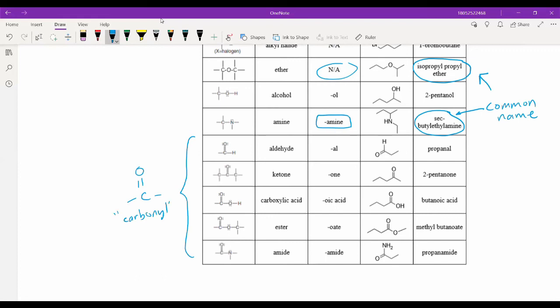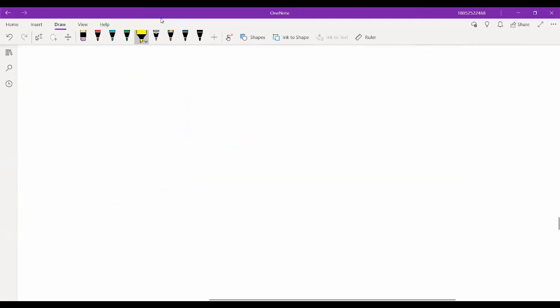It's the name for the carbon double bonded to the O. So again, look at the things that are next to the carbon with the double bond O, and that's going to determine the functional group. And then the suffix again is given in the 3rd column. Okay, a lot of these don't need numbers, as you'll see, because they are always going to be on number 1.